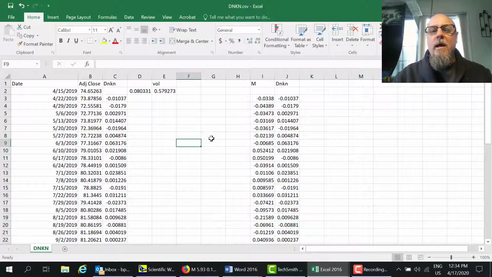We do all that, but Excel has this already coded in for us, so I'm just going to use what Excel has. So here on the same spreadsheet, I've got all the Macy's weekly returns and all the Dunkin' weekly returns.